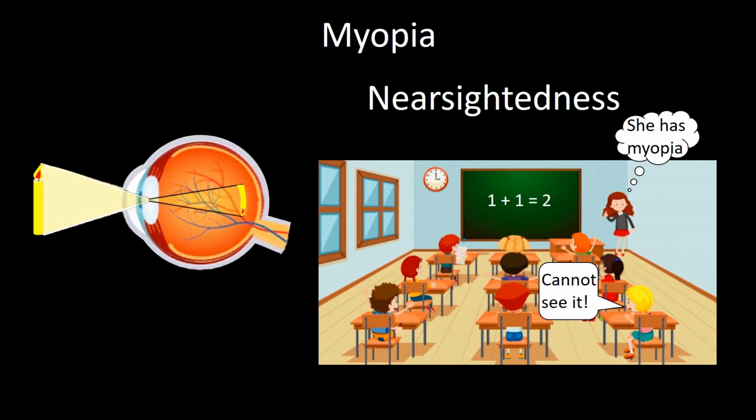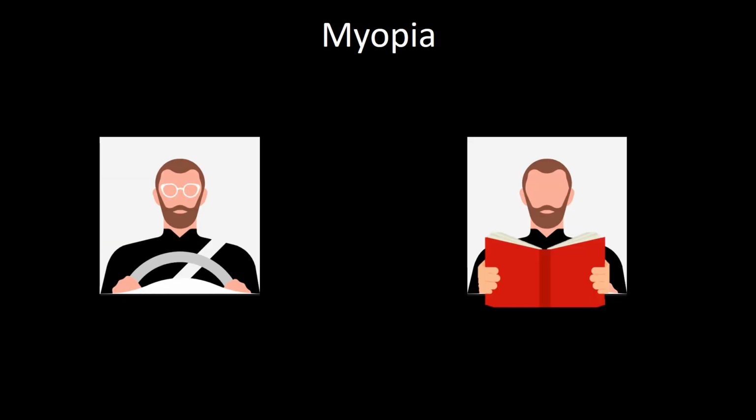A student who is unable to see the numbers on the classroom blackboard from the back of the class is suffering from myopia. A man that needs glasses to drive but can read without them also has myopia.